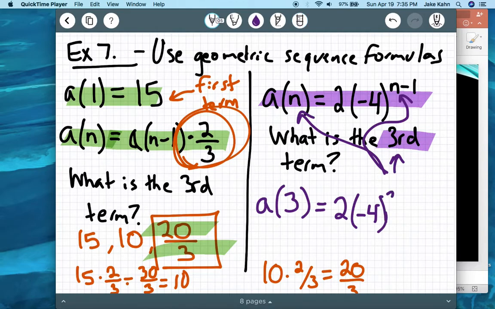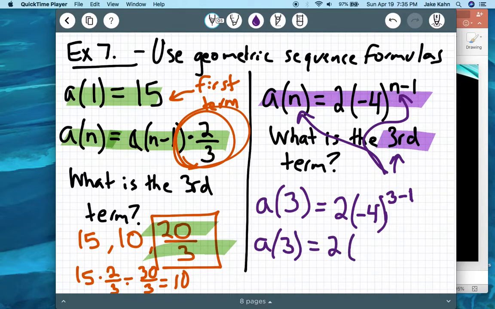N minus 1 now becomes 3 minus 1. Simplify the group first, meaning the exponent 3 minus 1. So the third term is equal to 2 times -4 to the second power.